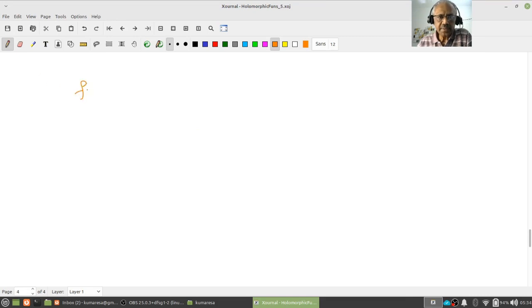Suppose I have a function f from U in C to C, right? Now if I write f equal to u plus iv, the open set U I can think of as a subset of R2 also, in the sense that I have to identify, right? z equal to x plus iy goes to the pair (x, y), right?